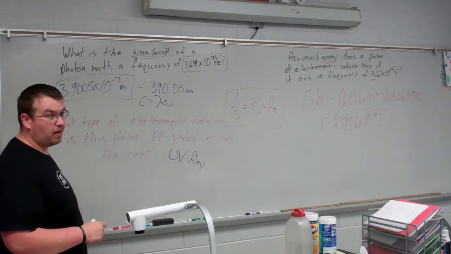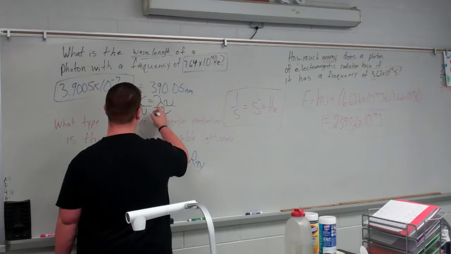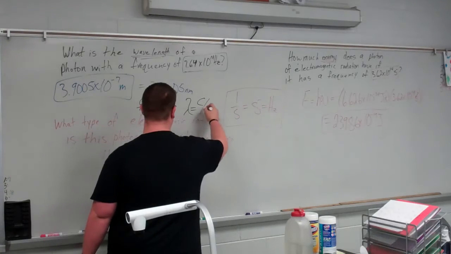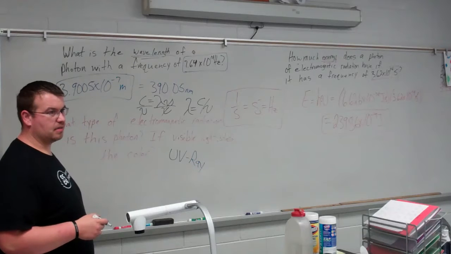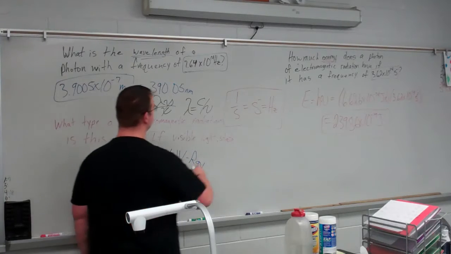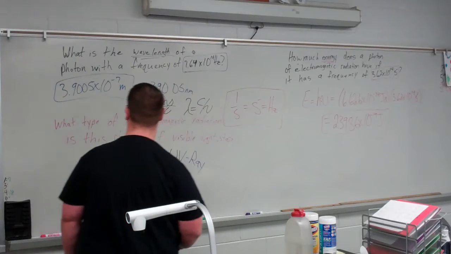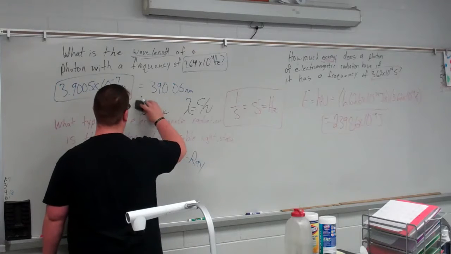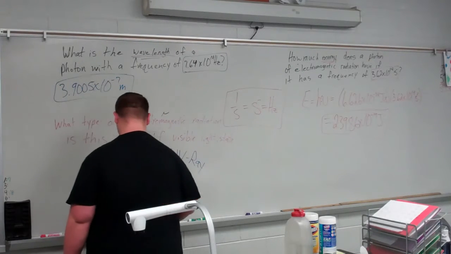You're trying to find a wavelength, so divide both sides by frequency, which gives you wavelength equals the speed of light divided by frequency. Did you get there? Yeah. And then did you do, I'm talking about meters to nanometers. Oh. Write it out.